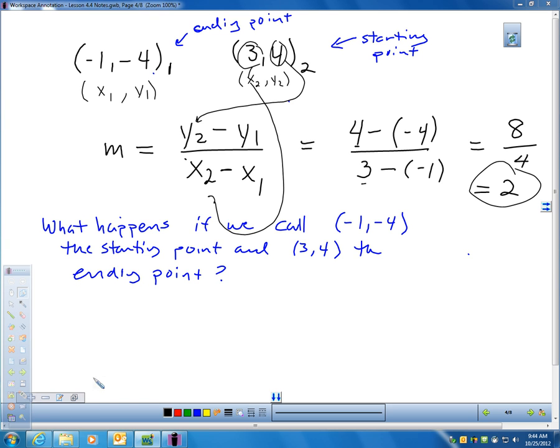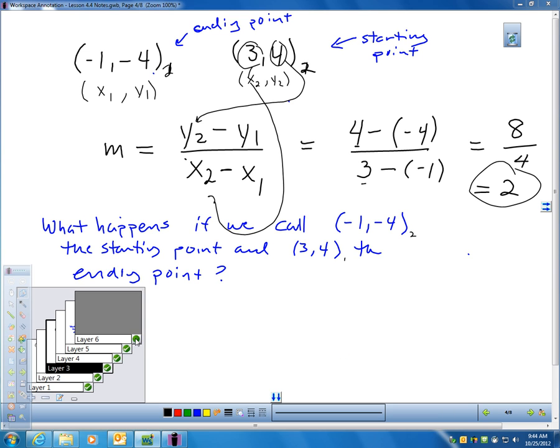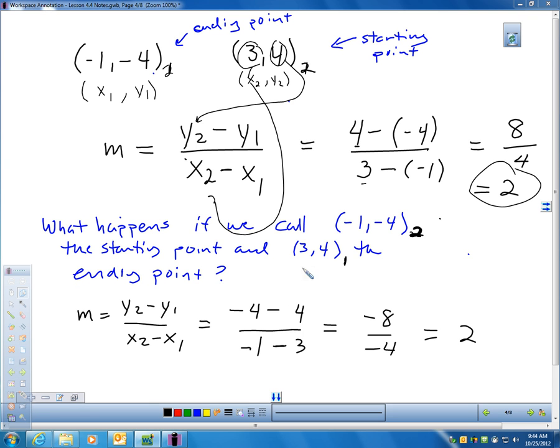Now here's the thing. It doesn't matter if we had called this point 2 and this point 1. What if we called this the starting point and labeled it 2, and this the finishing point and labeled it 1? Okay, it doesn't matter. Watch. All that would mean is that now -4 is y sub 2, which would go here. -1 is x sub 1, I misspoke.